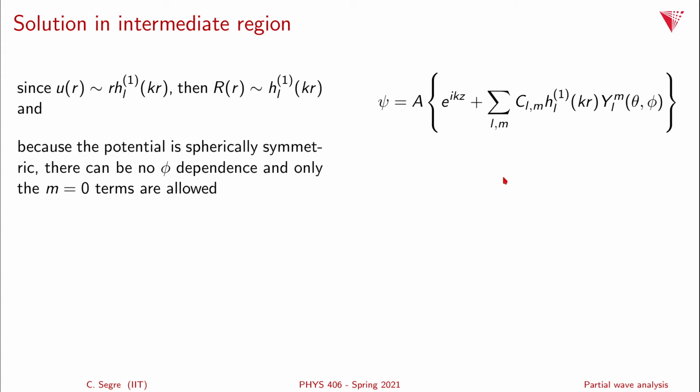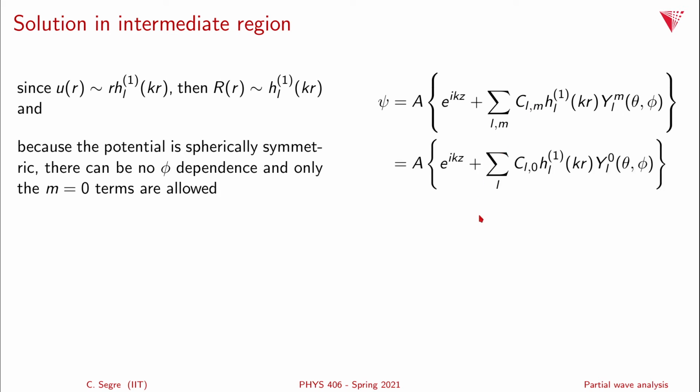Now, because this potential is spherically symmetric, we don't have any phi dependence, as we saw before. And so that means we can throw out all the terms that have any phi dependence, and that means any terms where m is not equal to 0. So the only terms that we need to deal with are the Y sub L0 terms for the spherical harmonics and the C sub L0 terms here.